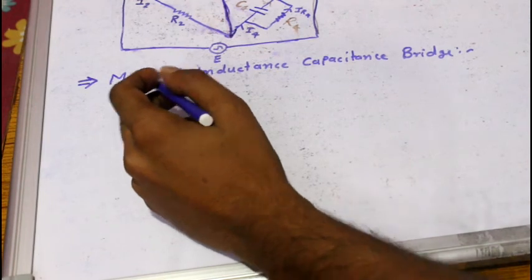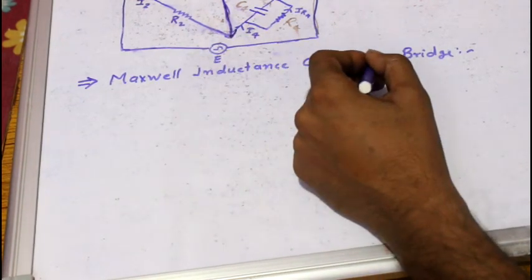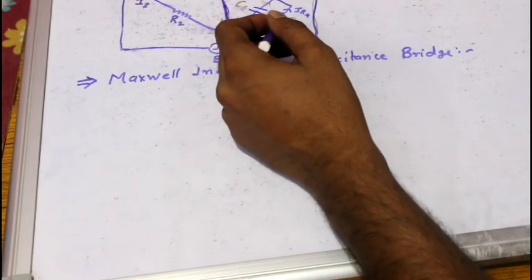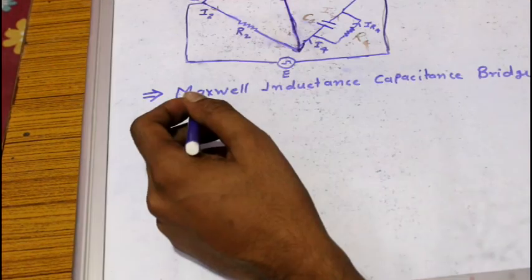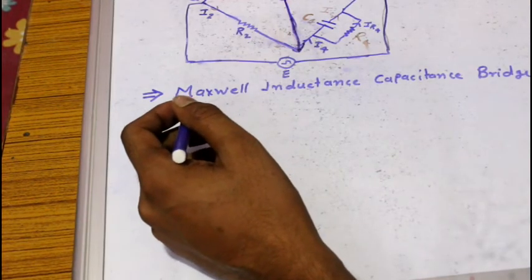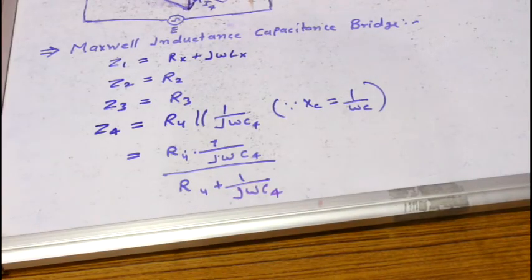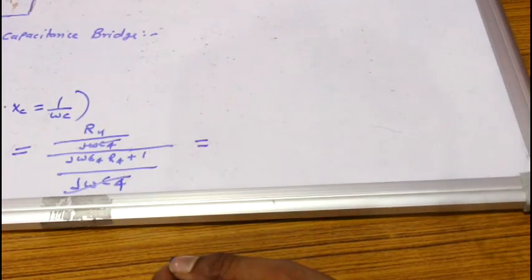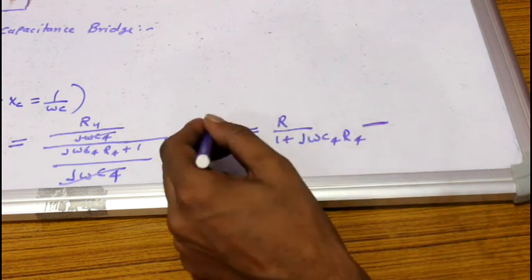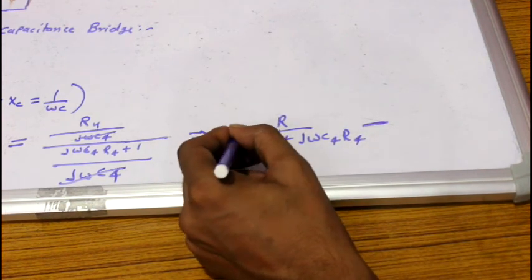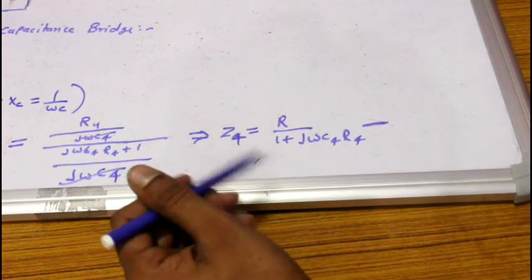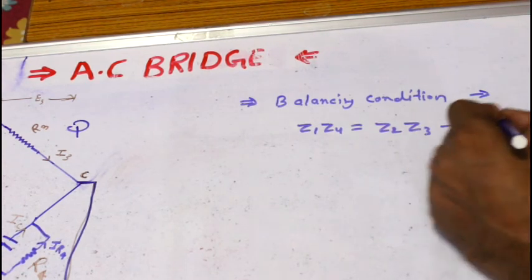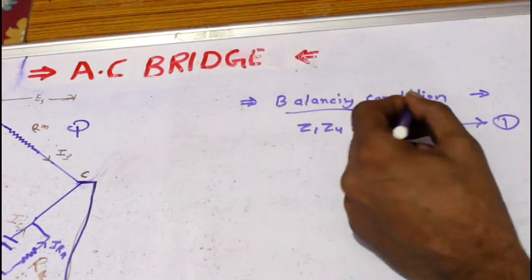Now we will discuss the Maxwell inductance capacitance bridge. Here we calculate the unknown value of inductance in terms of capacitance. This is the circuit diagram of it. So we write the impedance equation for each arm. Z4 is equal to 1 by j omega C4. When the bridge is balanced, this is equation 1 for the balancing condition.